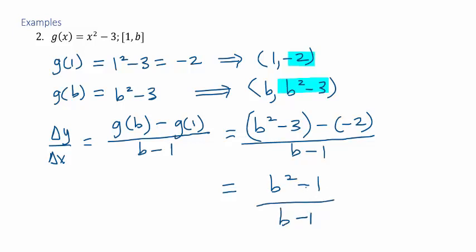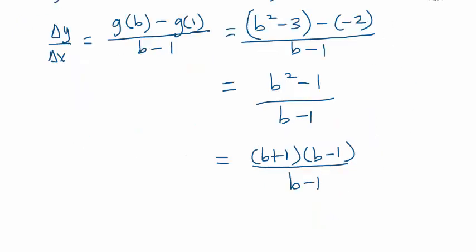And I can also factor the numerator. Since it's a difference of two squares, it factors as the product of these conjugate binomials, b plus 1 times b minus 1. Cancel out b minus 1, and we're left with b plus 1.